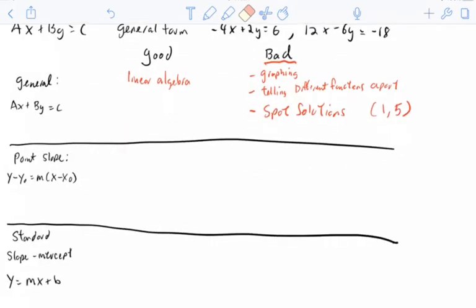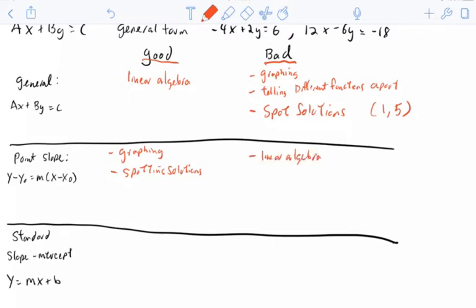What about point slope form? Point slope form has its advantages as well. It's good for graphing. It's also good for spotting solutions. We'll get onto that in a second. It's bad, though, for linear algebra.